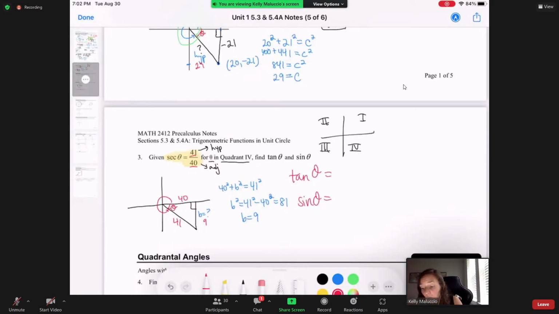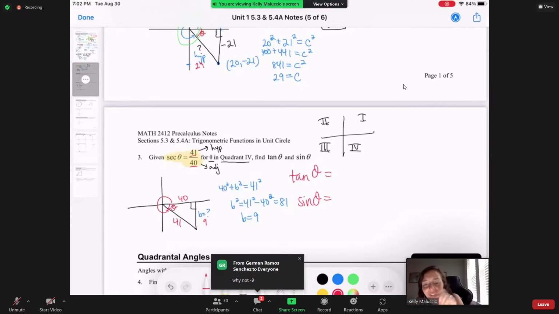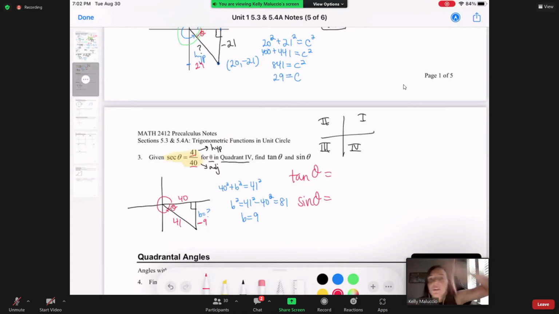But keep in mind, ooh, I made a mistake. Well, not a mistake, I'm forgetting something. Yeah, okay, German, you caught me here. This is a negative 9. When we solve with the Pythagorean theorem, it's always positive because in real life, triangles, lines, distance are positive. But in this case, when we're doing trig, we can get negative numbers based on what quadrant it's in, right?